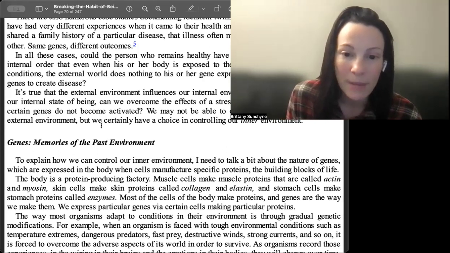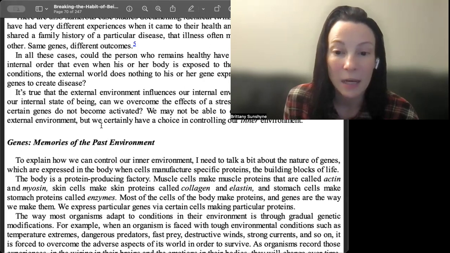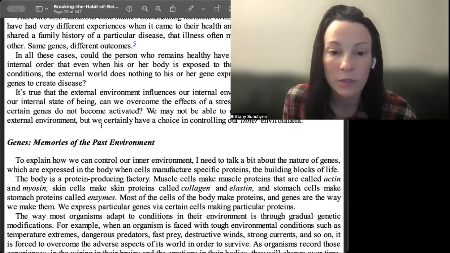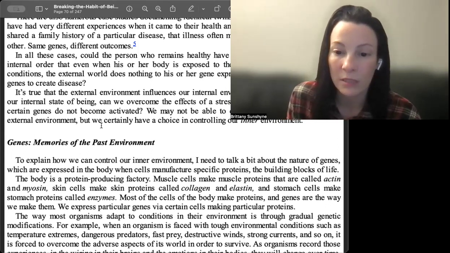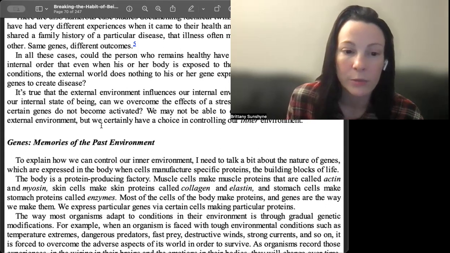Muscle cells make muscle proteins called actin and myosin. Skin cells make skin proteins called collagen and elastin. And stomach cells make stomach proteins called enzymes. Most of the cells of the body make proteins, and genes are the way that we make them. We express particular genes via certain cells making particular proteins.